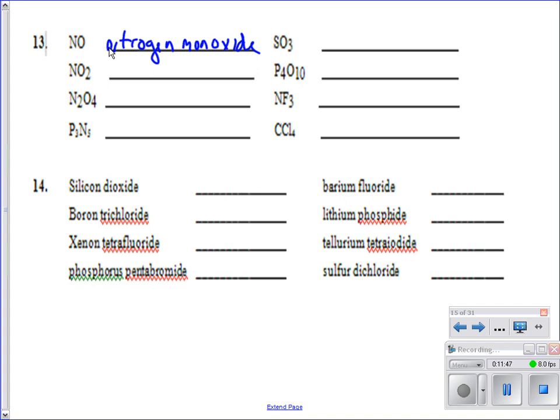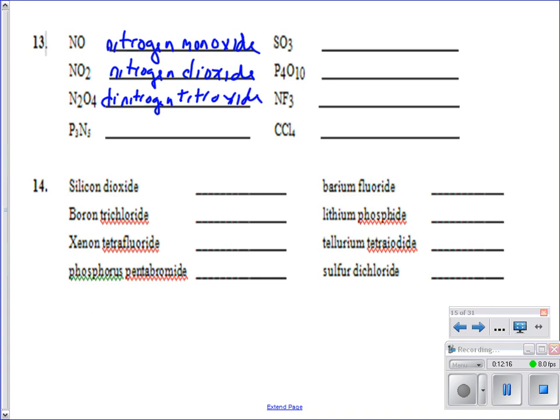All right, what would NO2 be? Nitrogen dioxide. N2O4. Dinitrogen tetroxide or tetraoxide, whatever.